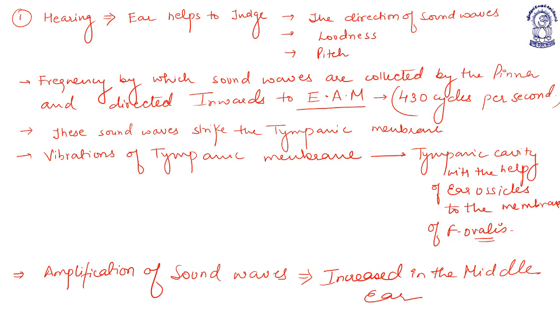This is the amplification of sound waves, and the frequency becomes 2400 cycles per second after the increase. It takes place in the middle ear with the leverage of the ear ossicles.